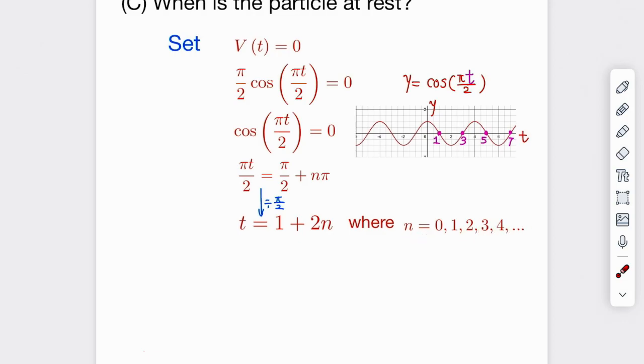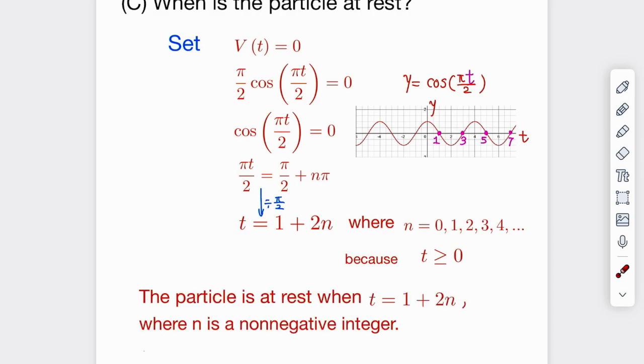So n here is a non-negative integer because we're given that t has to be greater than or equal to 0. So we don't regard those negative n. Now you can actually see the t over here from the graph of this function, cosine of pi t over 2. This is the graph for this function.